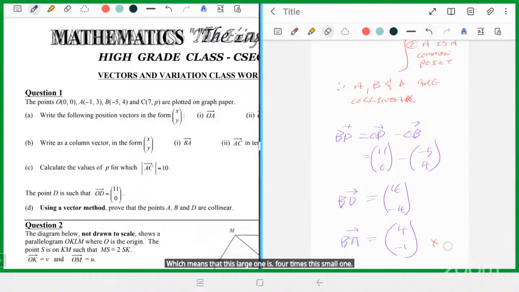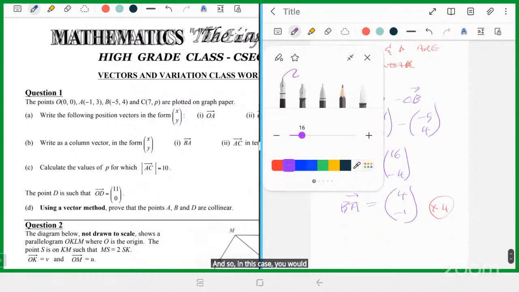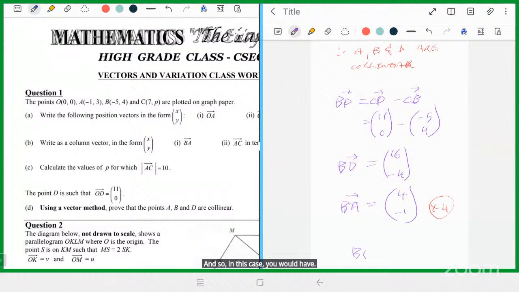You have to multiply by 4 for them to become equal. And so in this case, you would have BD equals 4 times BA, which then B will be a common point, and again you'd have parallel vectors with a common point. So you could have used BD instead.